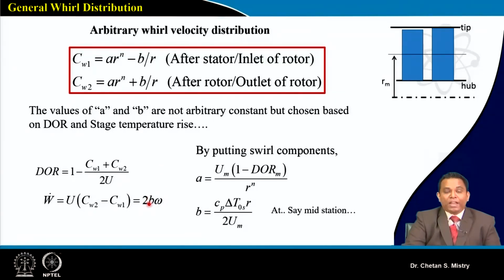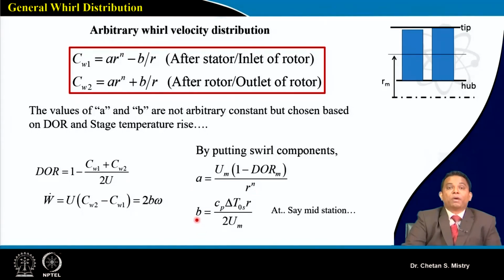If you simplify this equation, you will get your constant A in the form of my peripheral speed at the midsection and my degree of reaction at the midsection, and this varies with my radius.